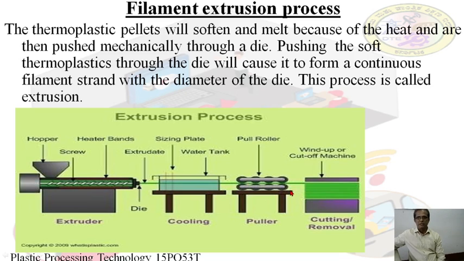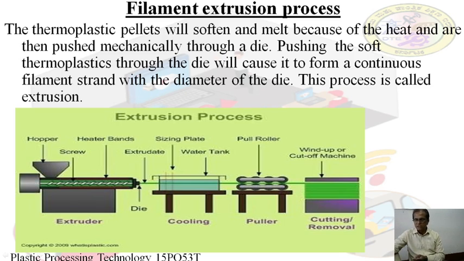Thermoplastic pellets, the raw material, will be softened, melted, and pushed mechanically through a die. Pushing the soft plastic through the die will cause it to form a continuous filament or strand with the diameter of the die.